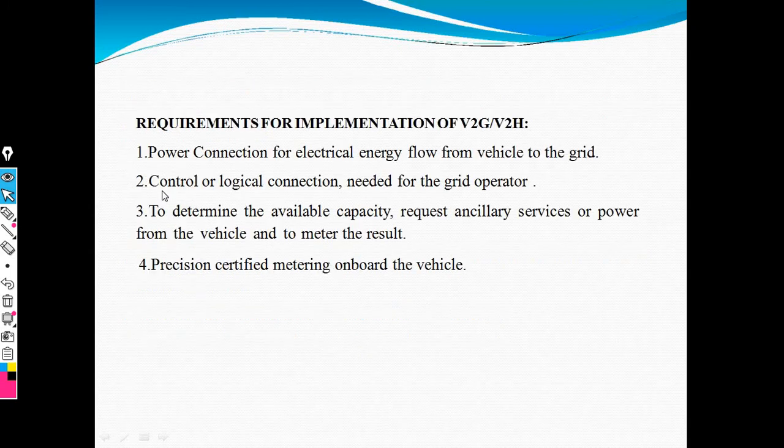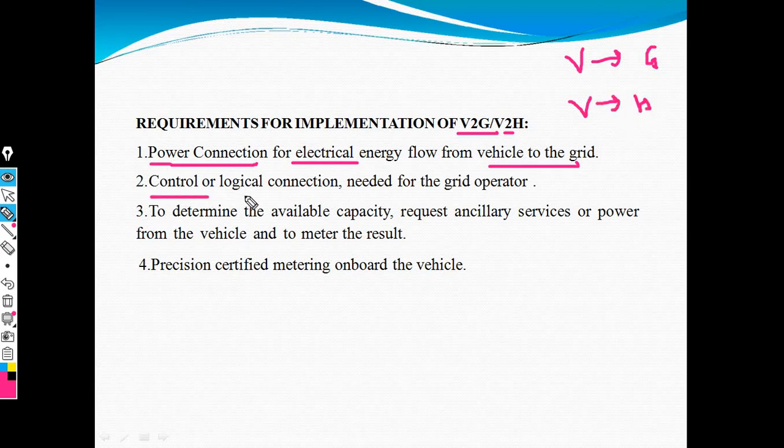Then the requirements for implementation of the vehicle to grid system and vehicle to home system: we require a power connection for electrical energy, and this electrical energy flows from vehicle to grid. That means the vehicle to grid system, and then the vehicle to home system.